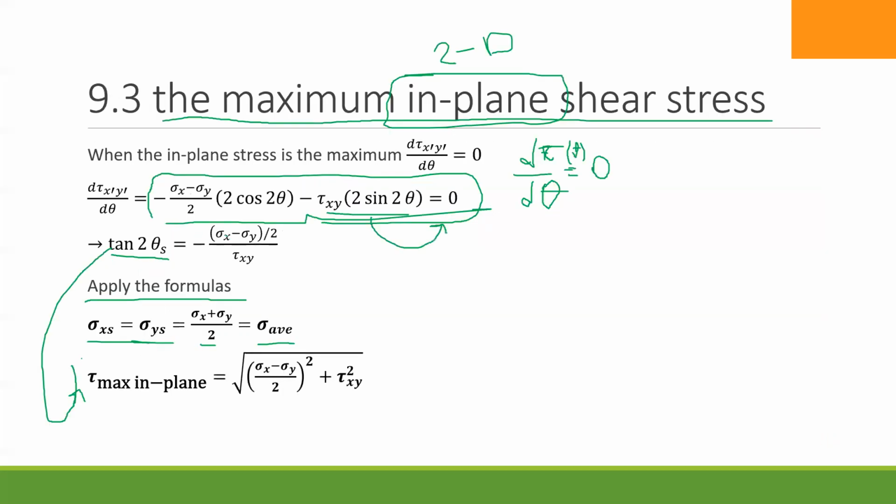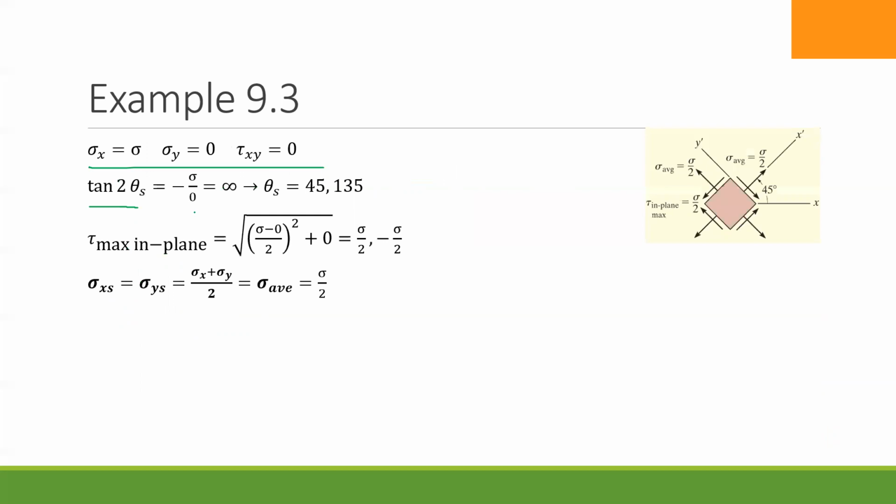Sigma x equal to sigma, sigma y equal to 0, so this value becomes minus sigma divided by tau equal to 0, so we get negative infinity. Similarly to example 9.2, theta s is equal to 45 degrees or 135 degrees, okay, again 45 degrees, very strange.